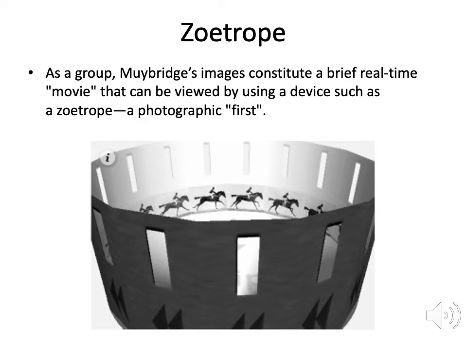This is what it looked like. It was a bunch of images, like Muybridge's horses galloping, all around a circular device. Now, when the circular device was spun, kind of like a record, and you look through one of these openings, you would see the horses galloping.